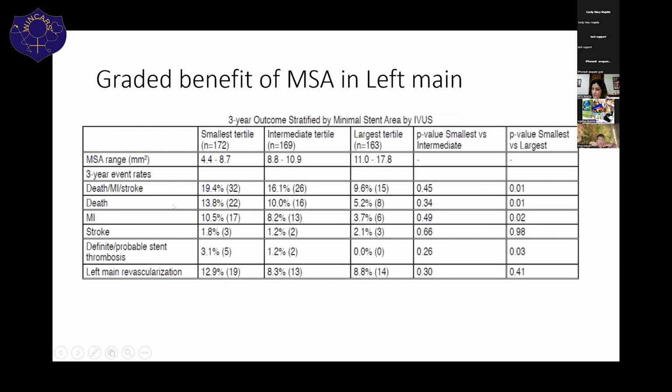And you see that there is a graded benefit of the MSA in the left main. As you get higher and higher areas, that is 11 to 17.8, that's what we are trying to achieve. You see that the event rates are lower in the largest tertile group. This is the EXCEL sub-study.